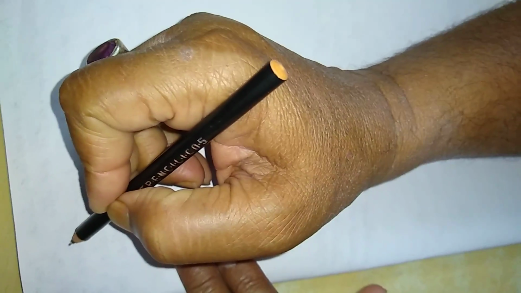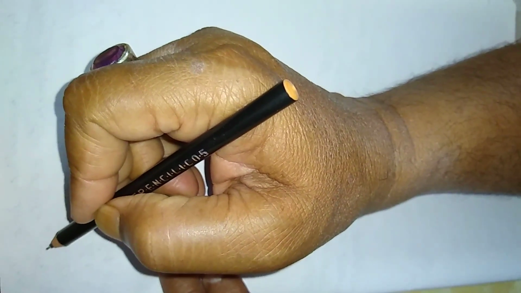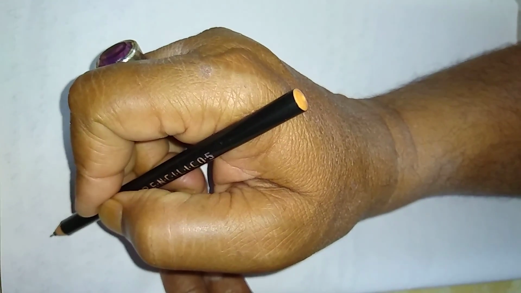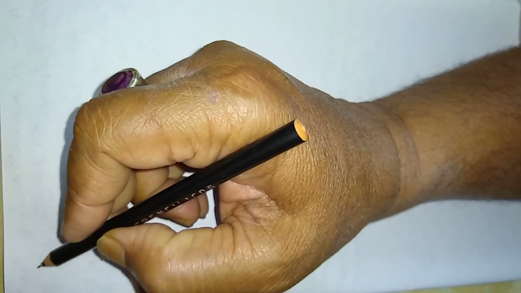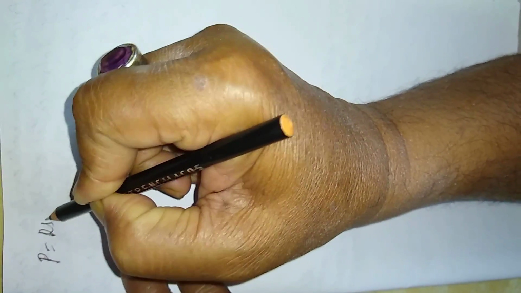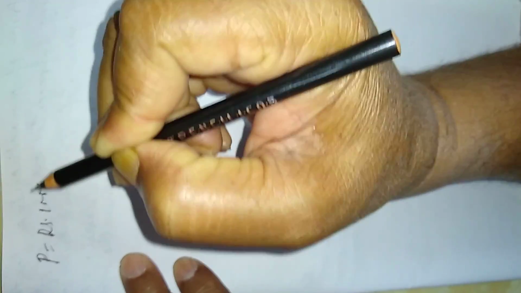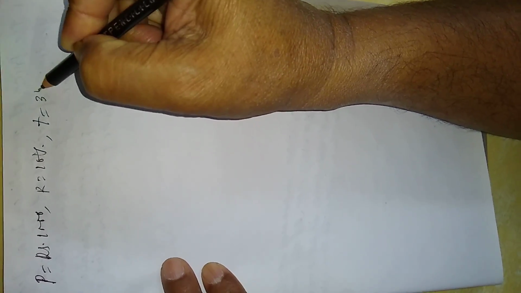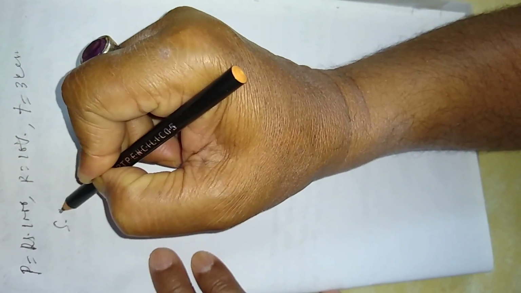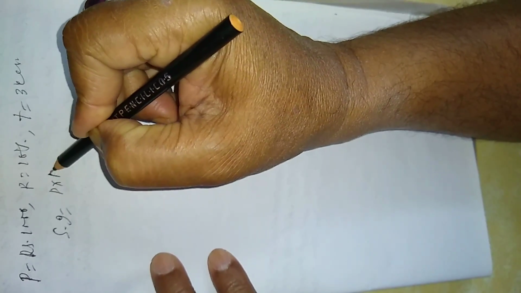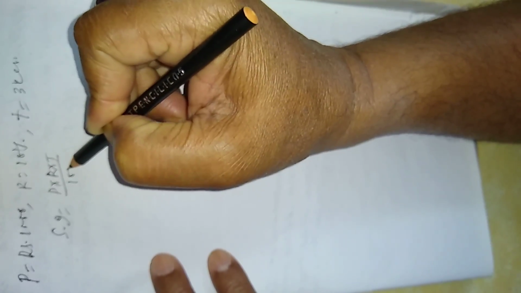That interest which comes in a specific year, or half year, or quarterly year. If in simple interest the principal is rupees 1000, the rate of interest is 10%, and the time is 3 years, then SI equals PRT by 100.